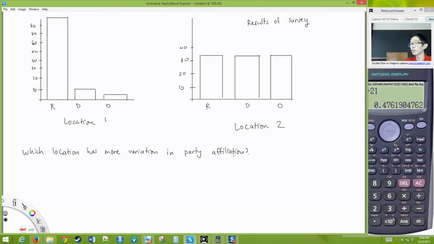So we asked, are you Republican, Democrat, or other, or independent, whatever. Okay. Which location has more variation in party affiliation? Location 1. Okay, and the answer is location 2. Location 2 has much more variation than location 1.